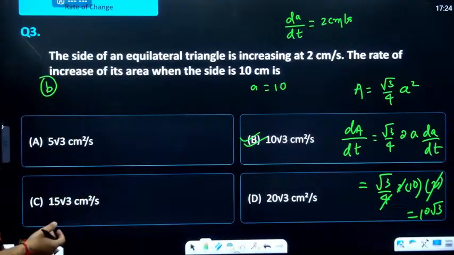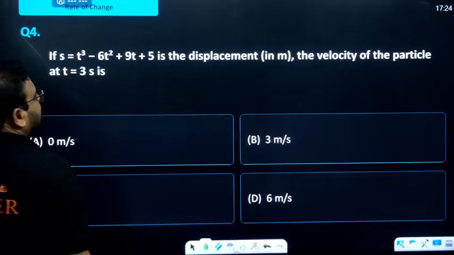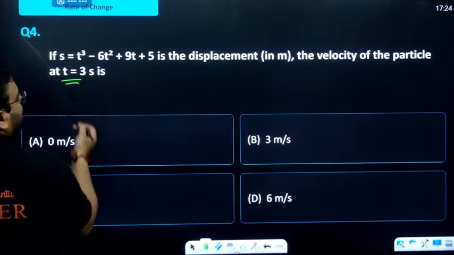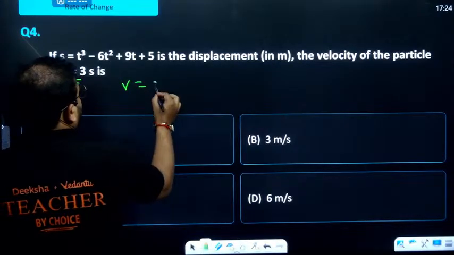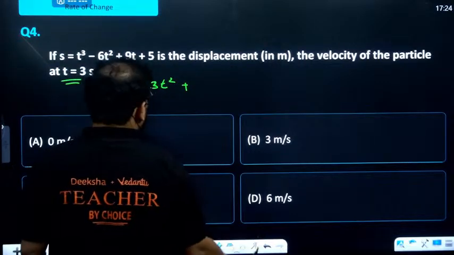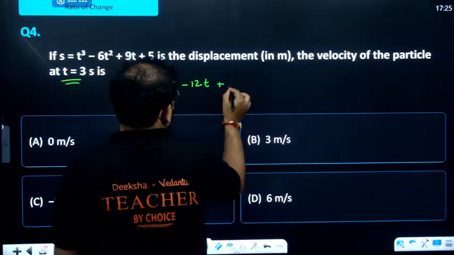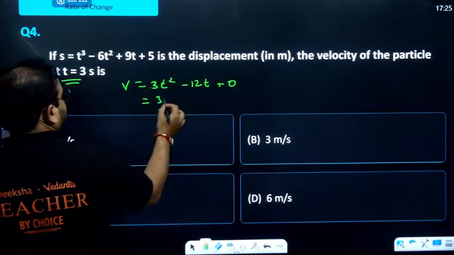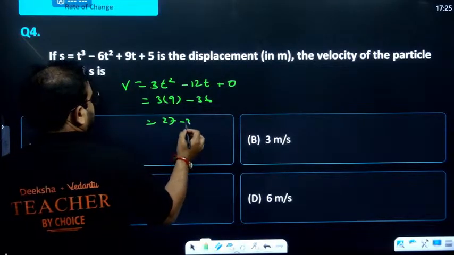Next. S equals t cube minus 6t square plus 9t plus 5, displacement in meters. We want to find the velocity. So how do you find velocity, sir? Differentiate it. You'll have 3t square minus 12t, plus 9. Now put the value as 3. So we'll have 3 times 9 minus 36, that becomes 27. Minus 36, how much is that?